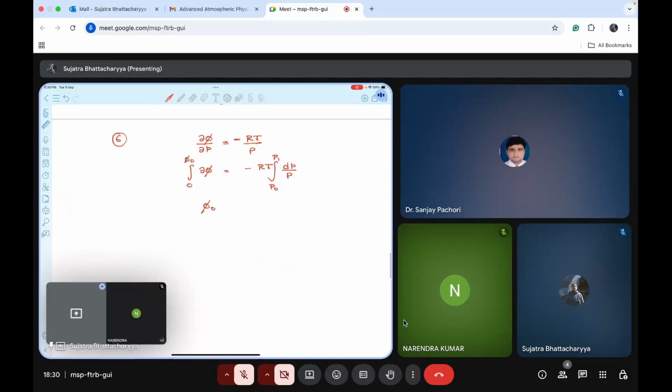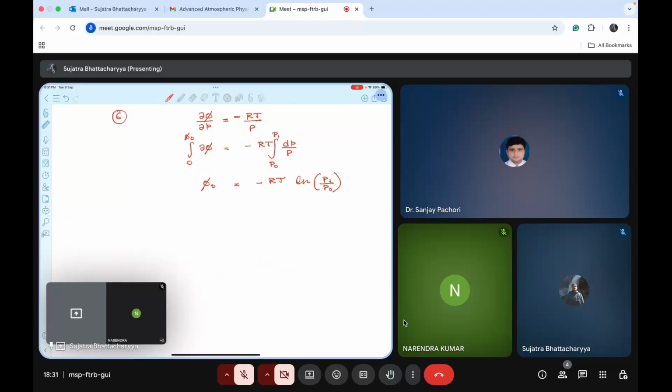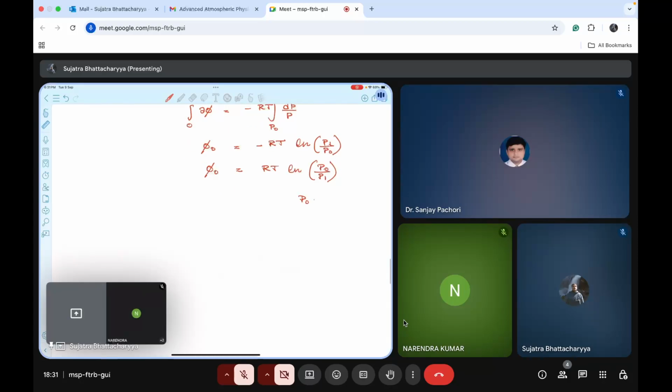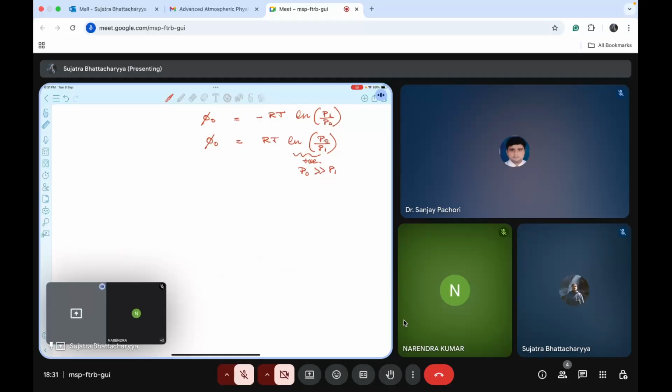This is phi naught, which is at a constant height, and this is minus RT log of P1 by P naught. So you have phi naught equal to RT log of P naught by P1. Now this P naught is generally greater than P1, so this part becomes positive.